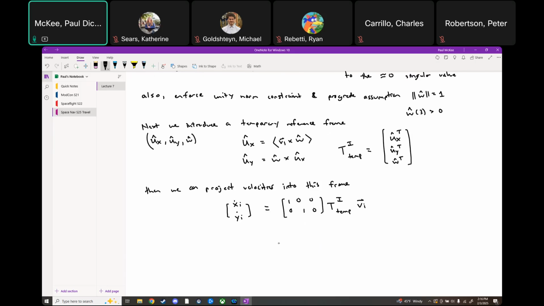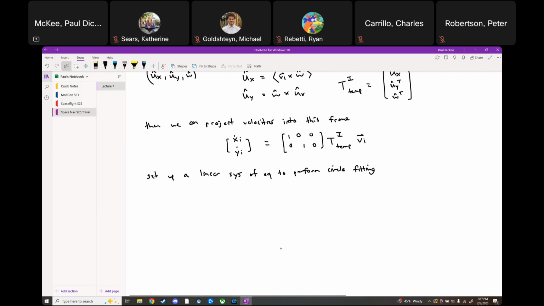All right. If it's a 2D problem with an x velocity and a y velocity, and we have 3 of those, we're ready to set up the circle fitting problem. So we'll set up a linear system of equations to perform circle fitting. And that's going to look like this. 2x1 dot, 2y1 dot, and -1.